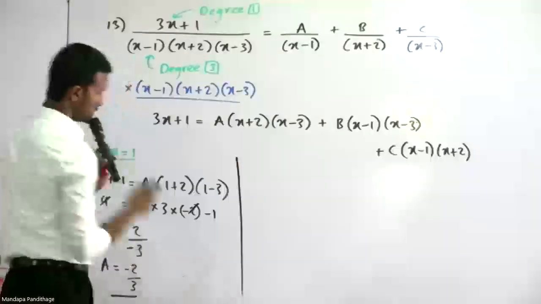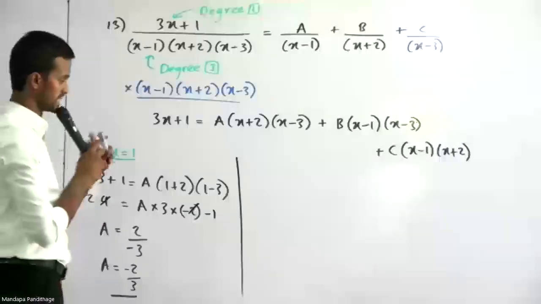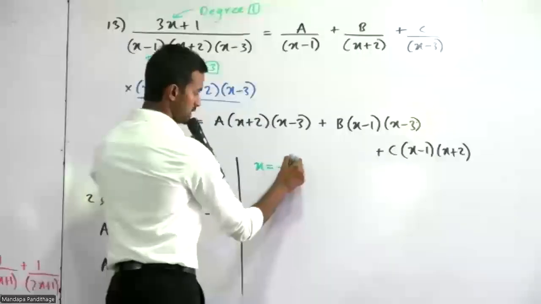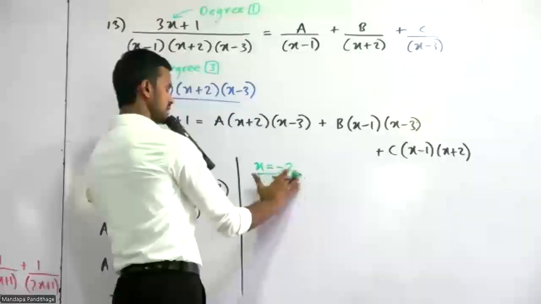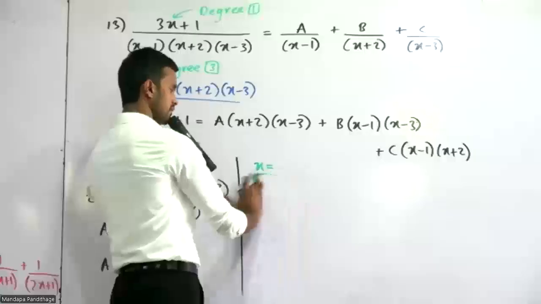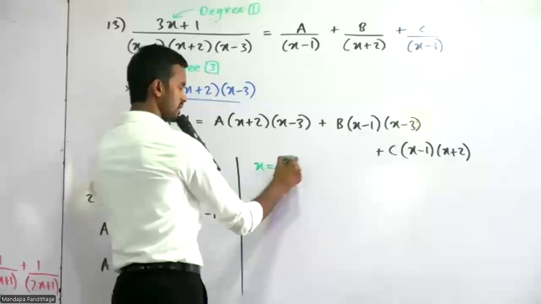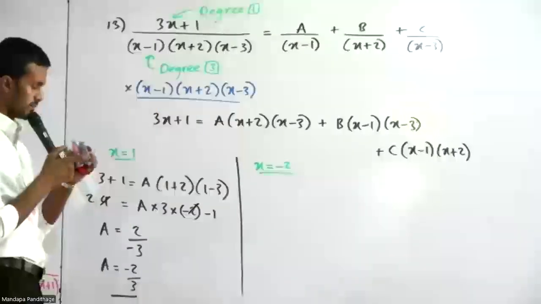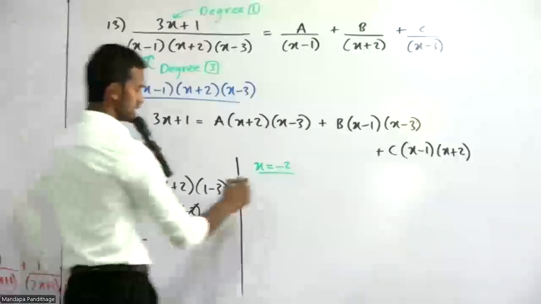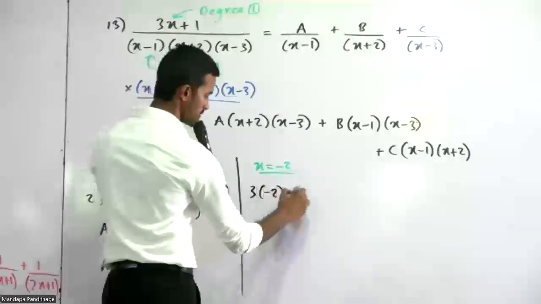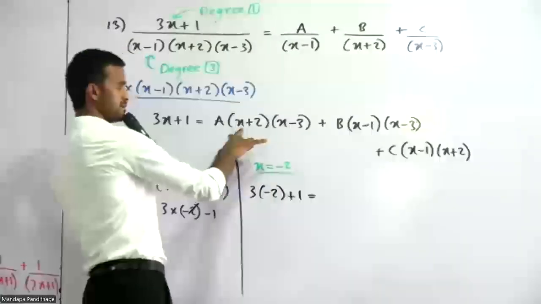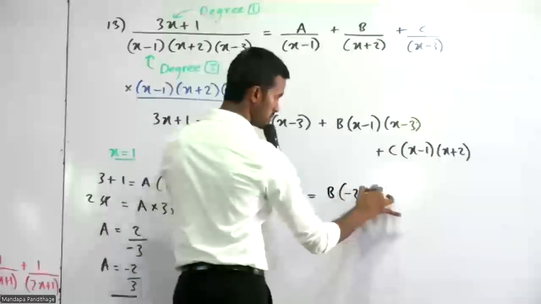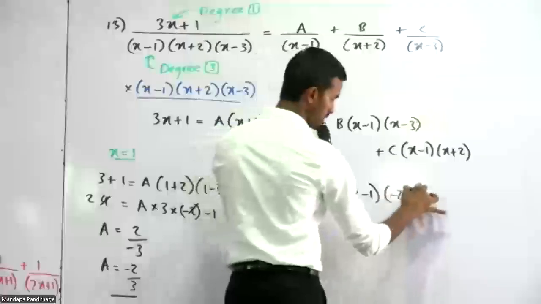So next one is when we put x equals minus 2, because this factor becomes 0 when x equals minus 2. If you have attended classes properly, then you know that we have done these kinds of questions under polynomials, finding A, B, C values. So when you put minus 2 here, it's 3 into minus 2 plus 1. Here it becomes 0. Don't write it. This becomes 0. So the only remaining ones will be minus 2 minus 1 and minus 2 minus 3.